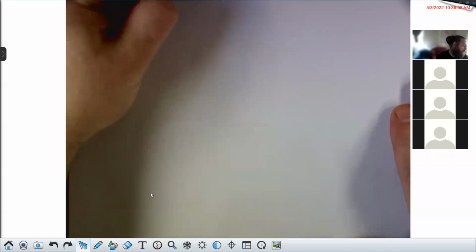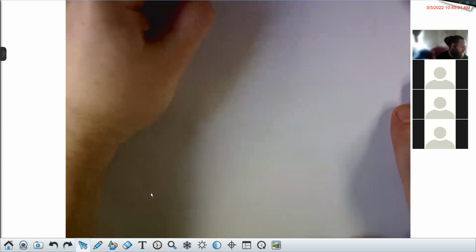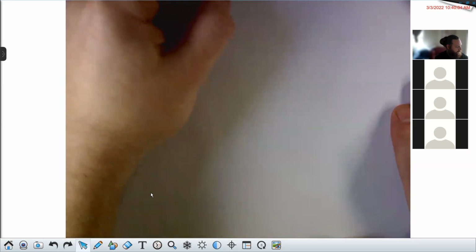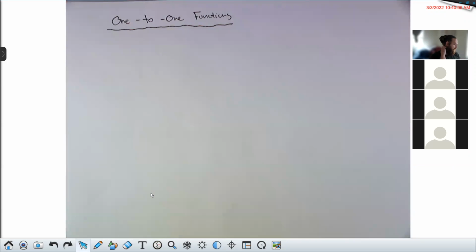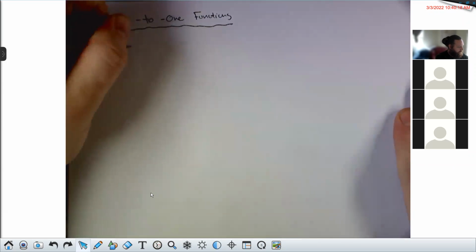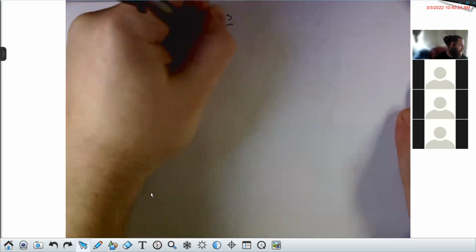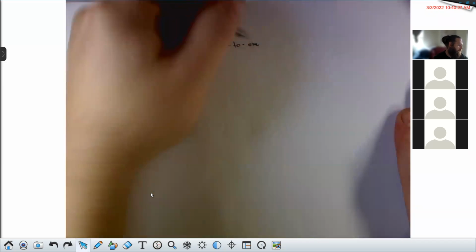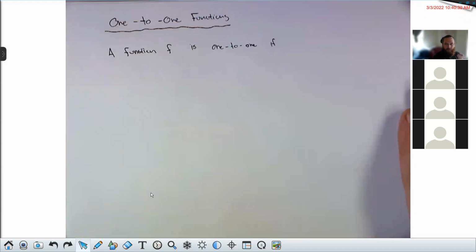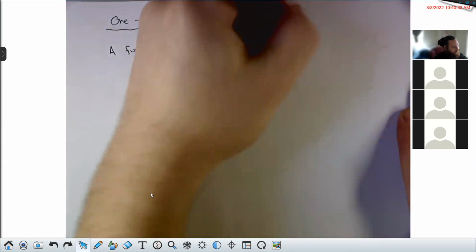If I want to put an even tighter restriction on what functions are allowed to do, I can require that every output come from only one input. So a function, I'll call it f, is one-to-one if different inputs lead to different outputs.